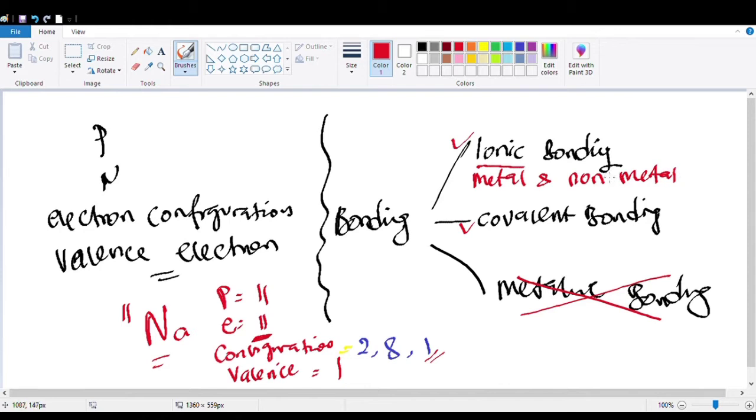The ionic bonding tends to give and get, or lose and gain electrons. So what does it mean? Let us start the ionic bonding.